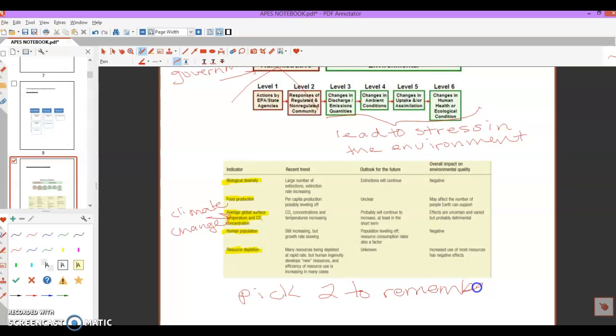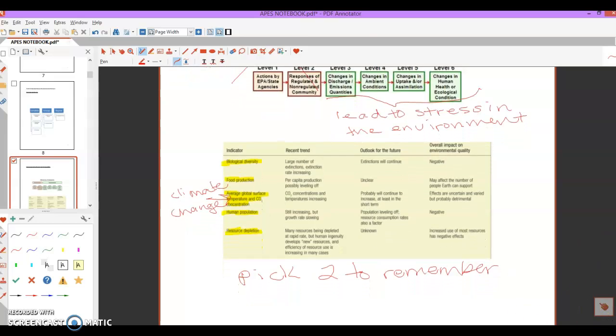If you want to remember food production and human population, that's up to you. If you want to remember climate change and biological diversity, whatever you guys want, you pick 2 of those to remember and be able to talk about on the AP test.